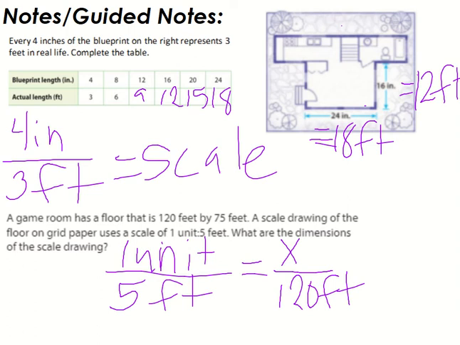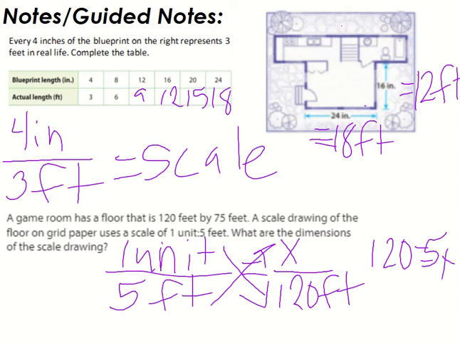We can decide 5 times what gets me 120, and then just like a fraction, multiply the top by the same number. Or we can solve it by using a cross product, which is the most common way to do this. So we're going to go across like this. This is a cross product. So 1 times 120 is 120, and 5 times x is 5x.